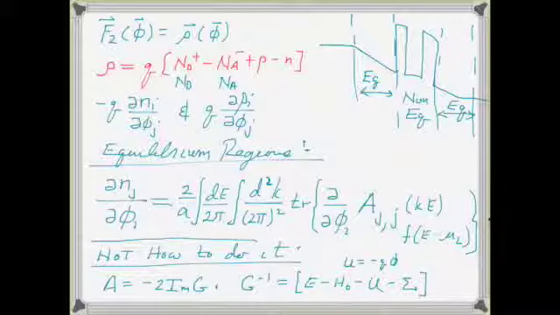I need something like dG/dU, and if I can do that, that's within a constant of dG/dphi, because U equals negative q phi.